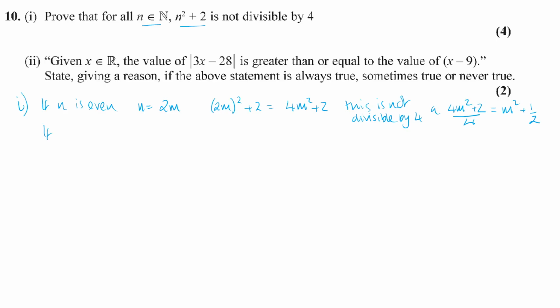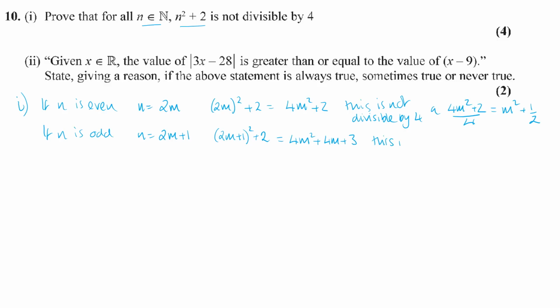And then if n is odd, then n would be equal to 2m plus 1. So when we square that and add 2, we're going to get 4m squared plus 4m plus 3.